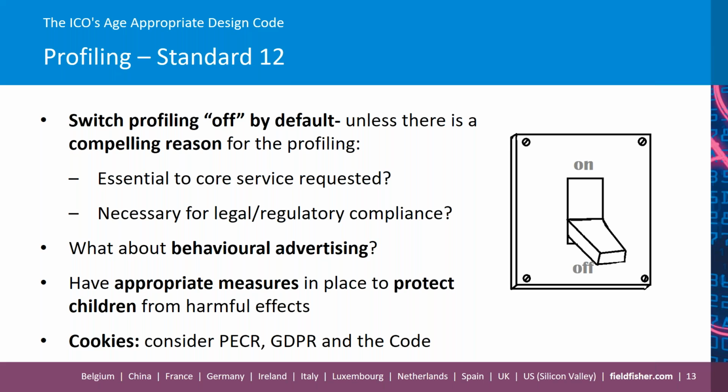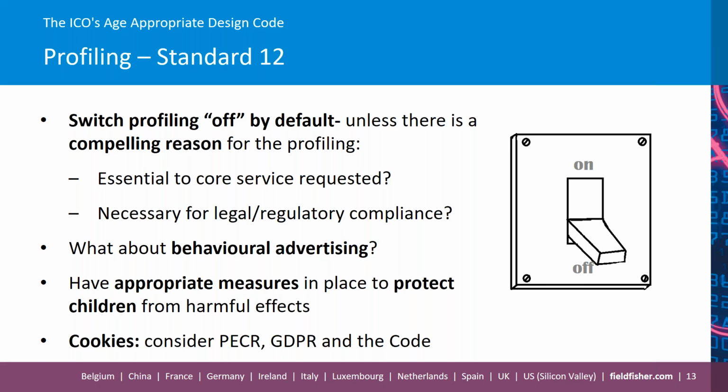In practice, profiling often takes the form of using a user's browsing history to suggest or serve content to users. Now, Standard 12 of the code highlights that it's important because it's mentioned in Recital 38 of the GDPR as an area where children merit specific protection.